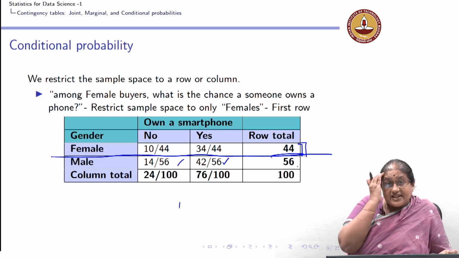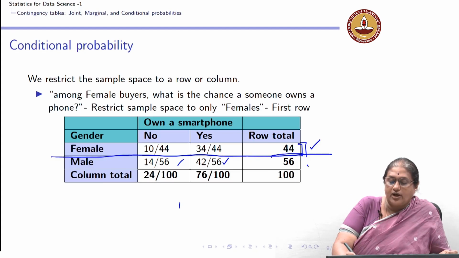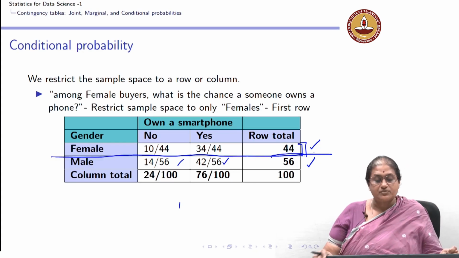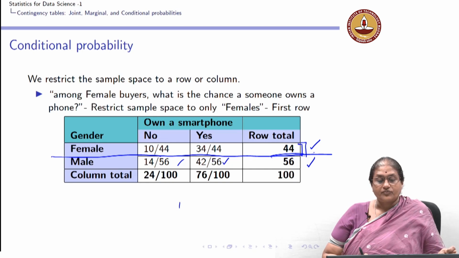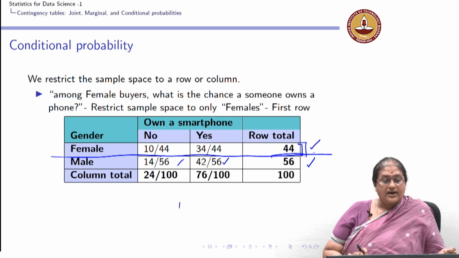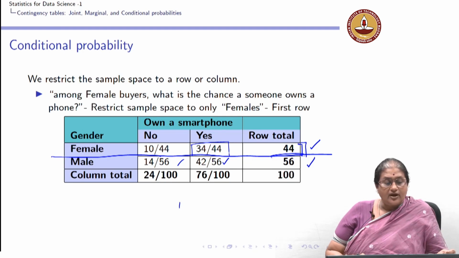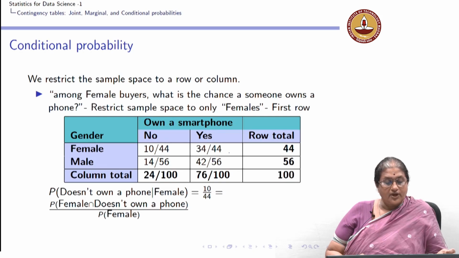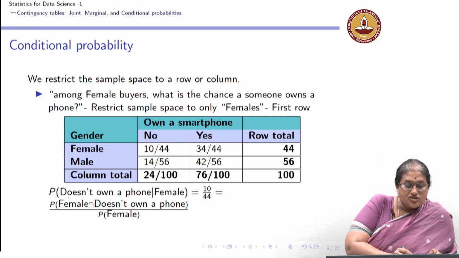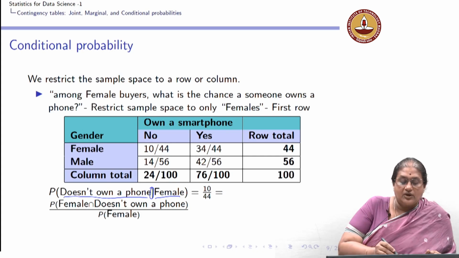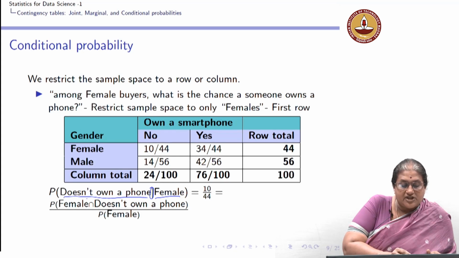So I am restricting the sample to females only or males only, which is my first row. And I know that the chance that a female owns a phone is 34 by 44. If I am looking at the probability of not owning a phone given a female, we will explain this notation in a while, but if I know a person is a female, what is the probability that they do not own a phone?